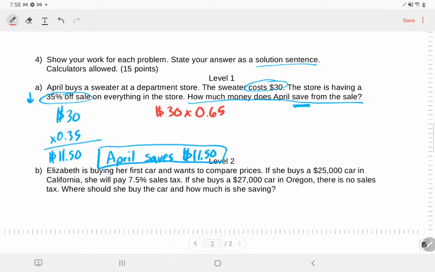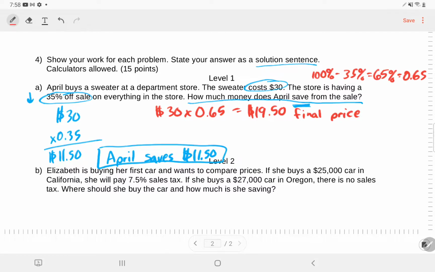You multiply by 0.65 because if we start at 100% and we know there is a 35% off, we subtract it from the 100% original price and we get 65%, which is written as 0.65. So $30 times 0.65 is going to give us $19.50. That is what we call the final price.